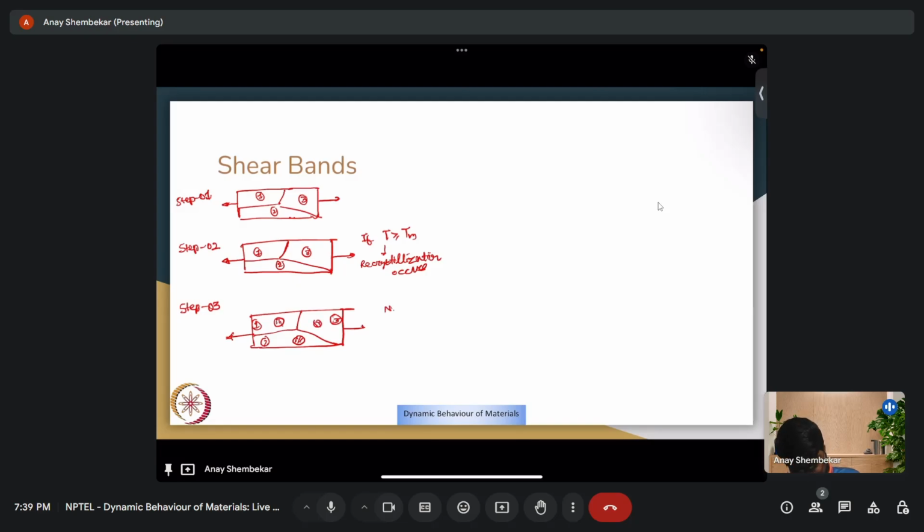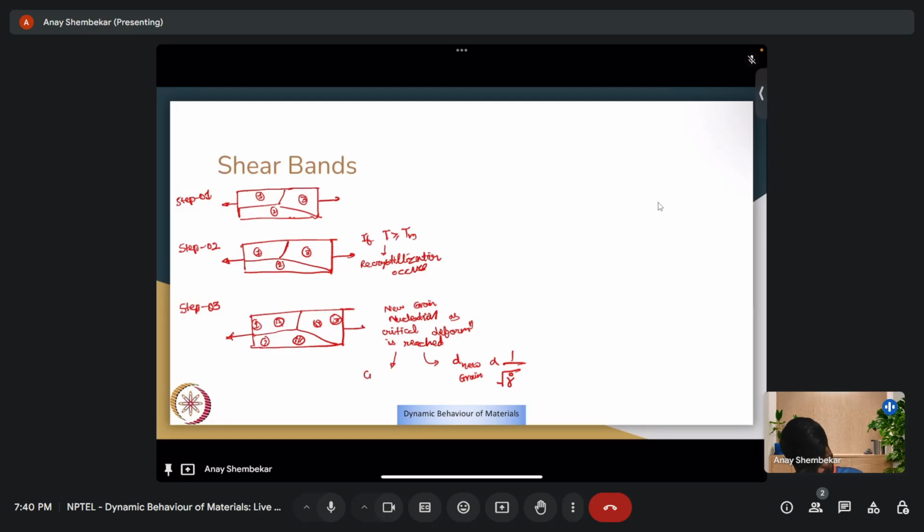So there is new grain nucleation as critical deformation is reached, and the diameter of the new grain roughly varies as 1 over the square root of gamma dot.